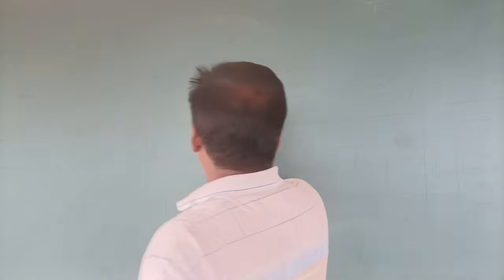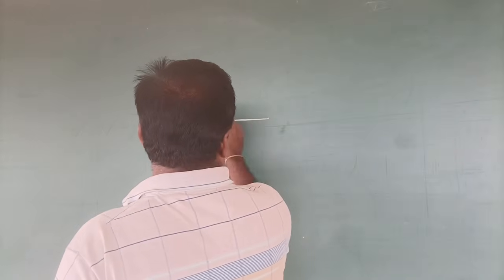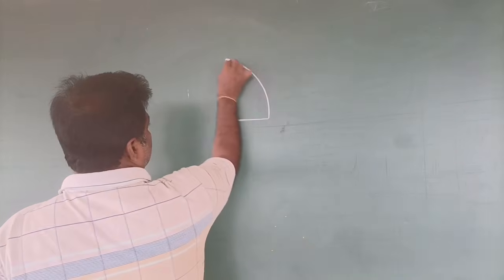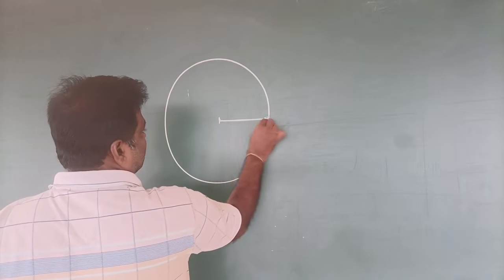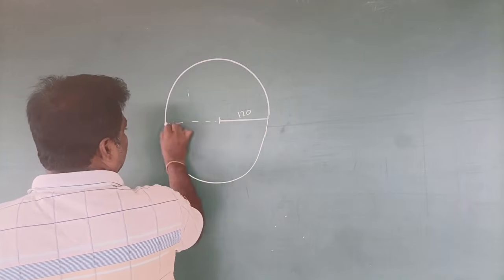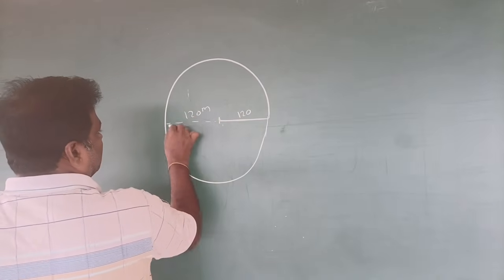If a cyclist takes 1 minute to complete half revolution in a circular path of 120 meters radius. So to draw a circle, you need a radius. This is the circle. So up to here is radius 120 meters and another 120 meters.